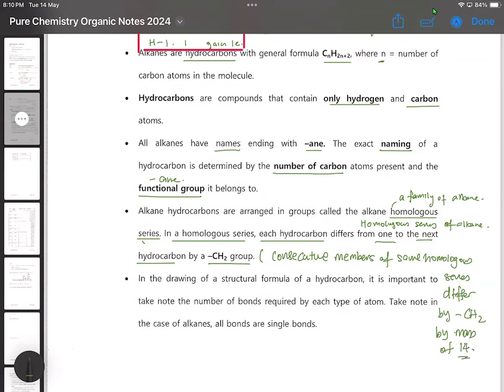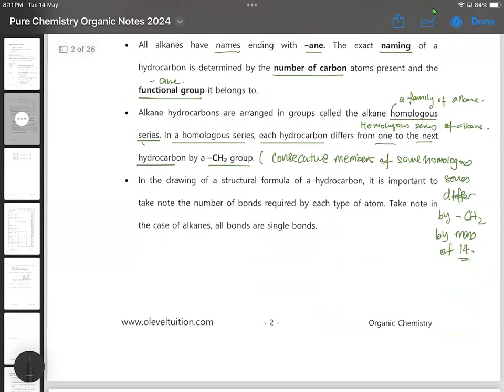Why 14? Because CH2 is 12 plus 2. So when you see members whose Mr differs by 14 from one to another, they are likely to be in the same family. Let me use an example because this CH2 thing appears quite frequently.